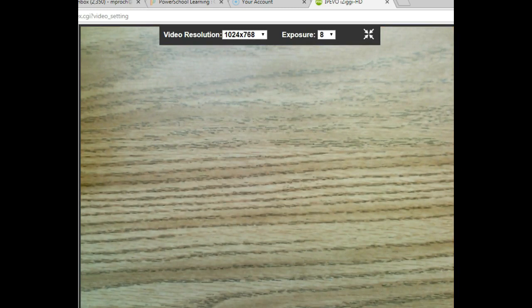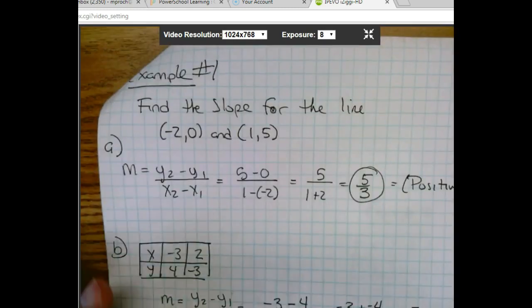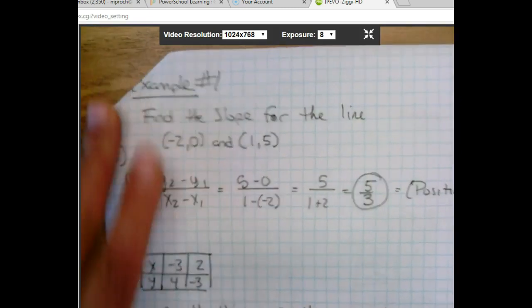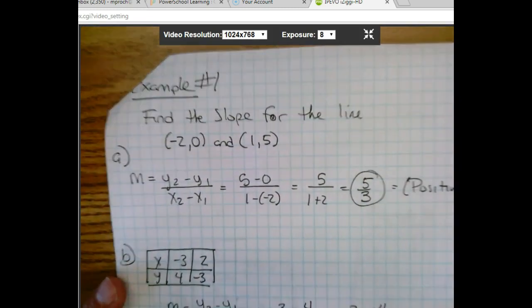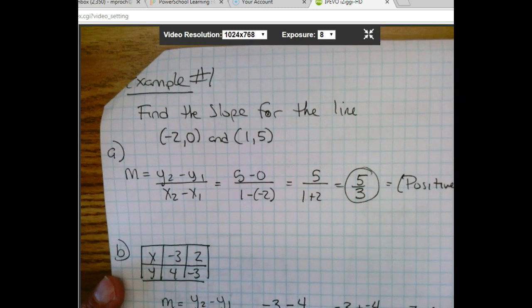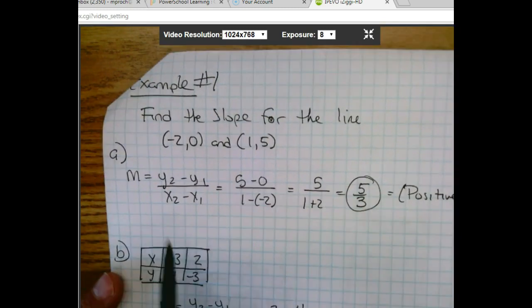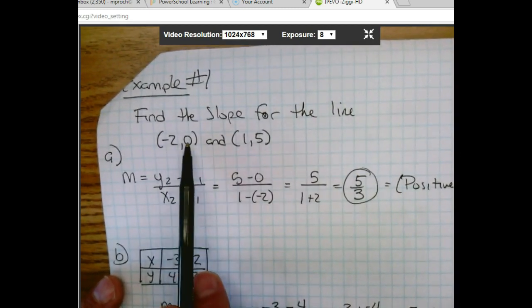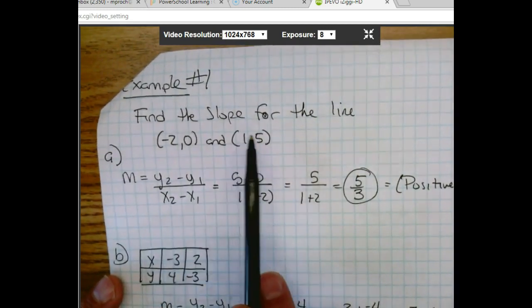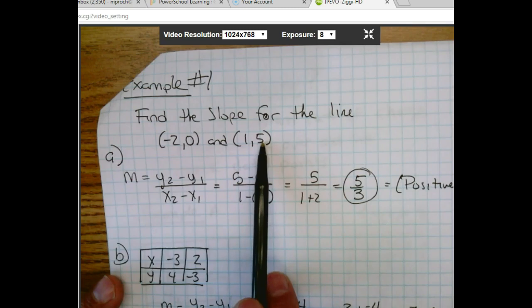So then I just want to show you some examples of how to do this. Say it gives you the coordinates for 2 points on the line. So we have -2 for the x, 0 for the y, and then we have 1 for the x and 5 for the y. We just take them and plug them in, right?